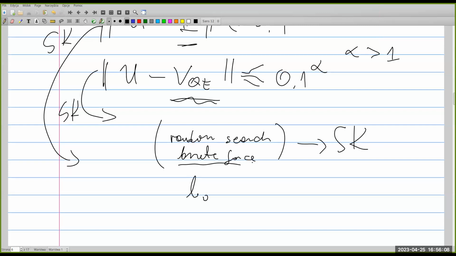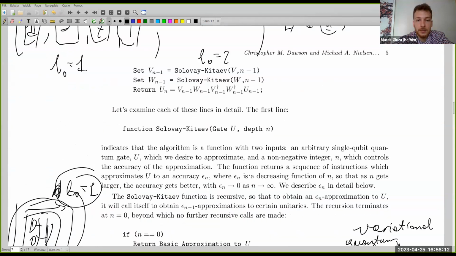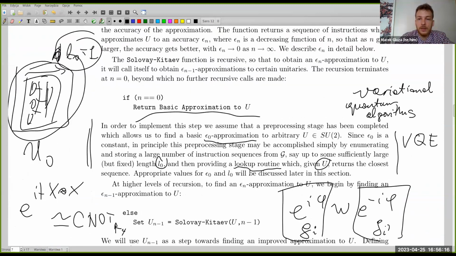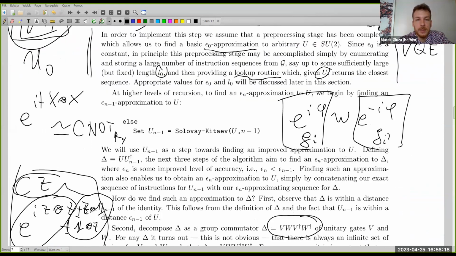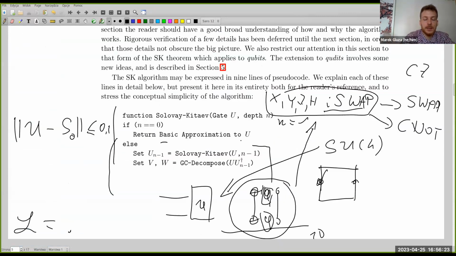Okay, but let's finish by saying that you really need to be able to make computations with U, because as we are looking at the algorithm, so this basic approximation, let's say we understood that we are turning 0.1 into 0.01 and so on, making the error smaller and smaller.